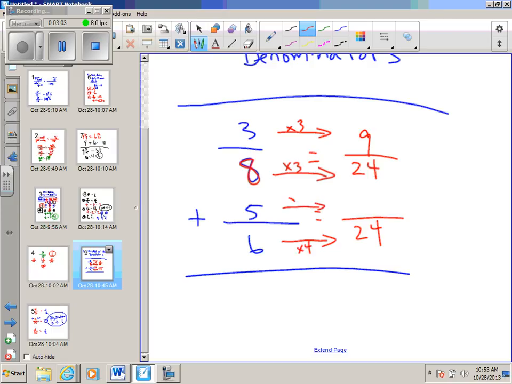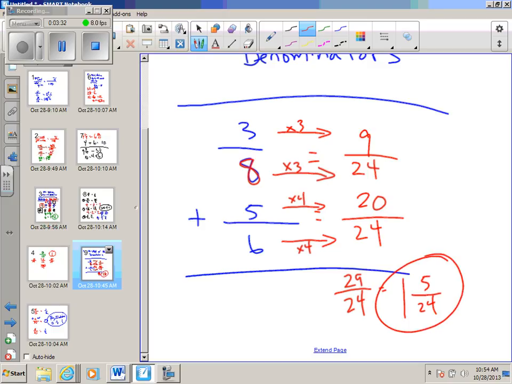So 5 times 4 becomes 20. So now we're all set to go. 9 24ths plus 20 24ths become, can I leave my fraction that way? No, because it's improper. So how many times is 24 going into 29? How many would be left over? So 1 and 5/24.